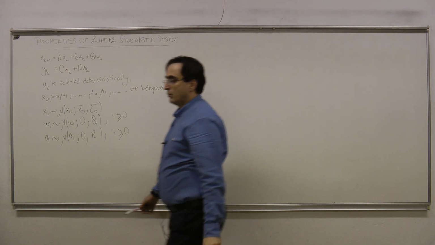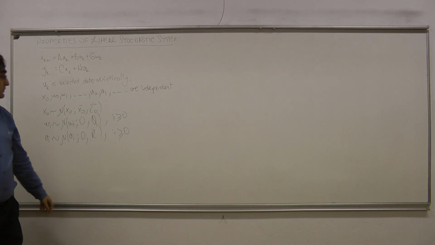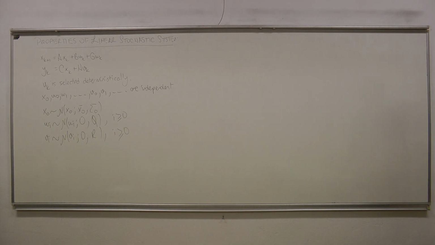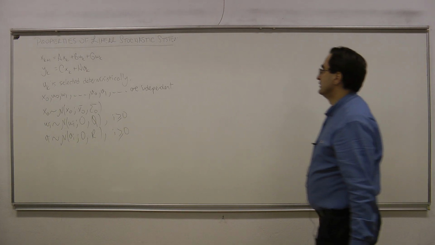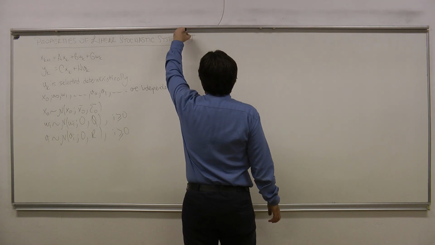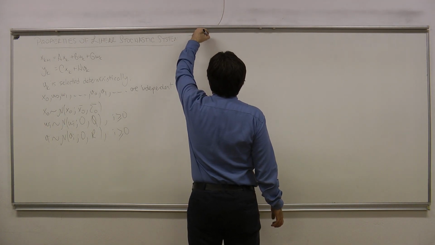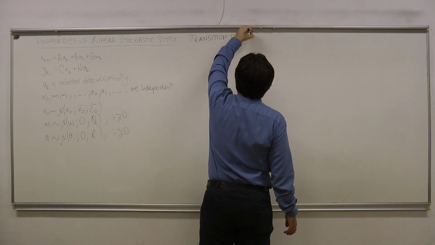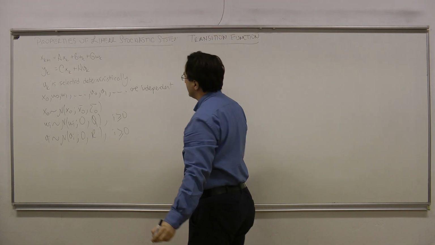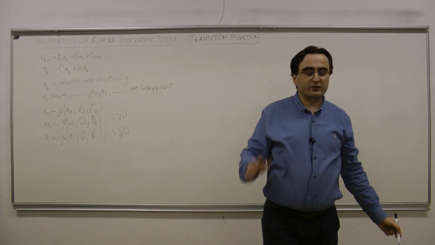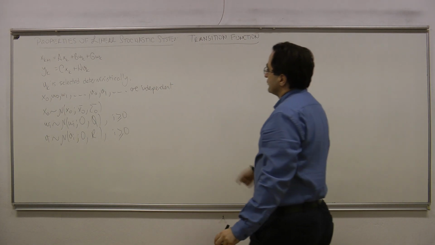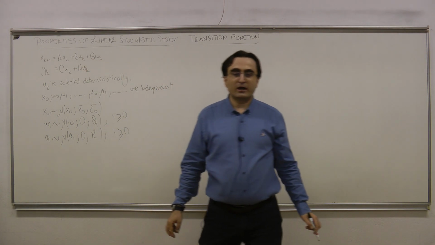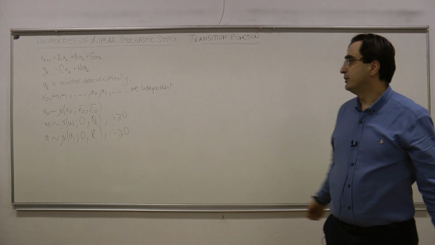So now let us go back to our system here and let us try to obtain some concepts that we have seen in the past. Let us look at the transition function. This is a stochastic system, but I can still define a transition function by considering the input U and the disturbance WK as the new inputs.